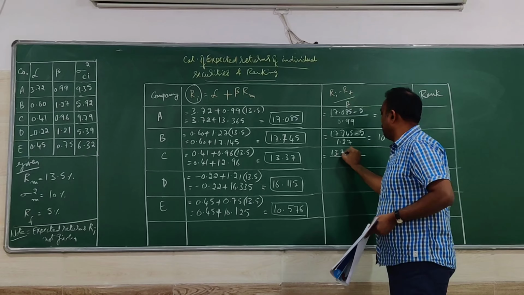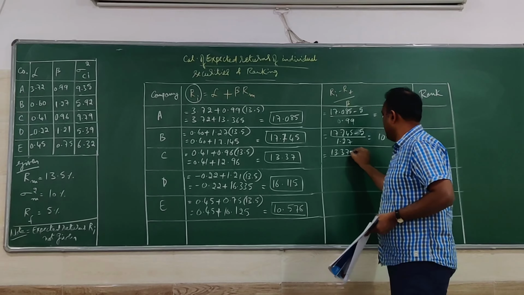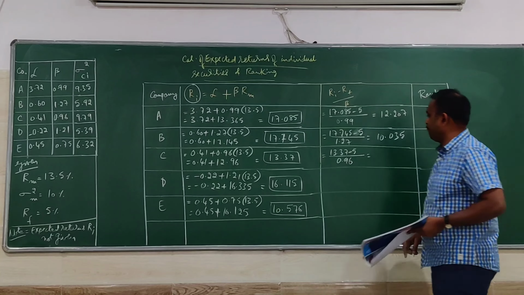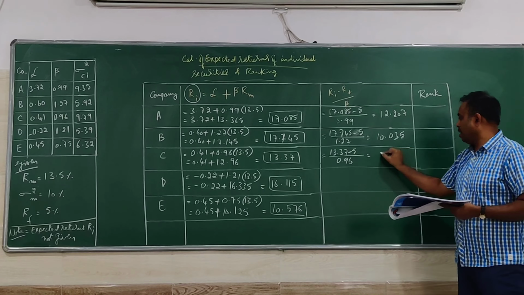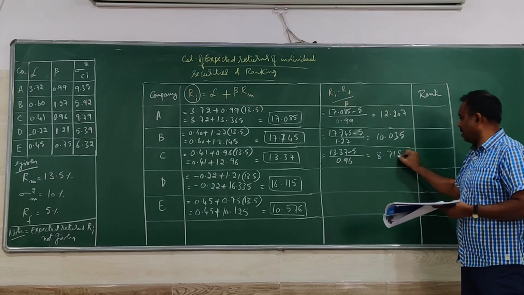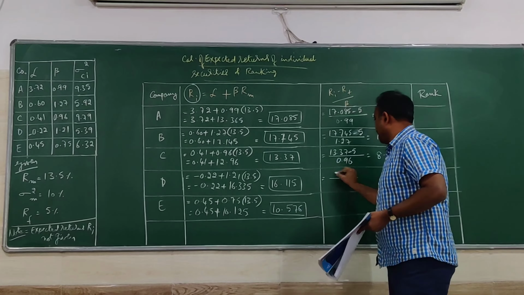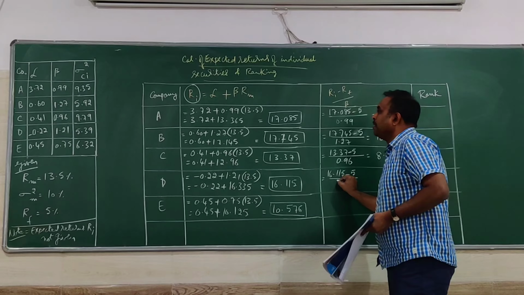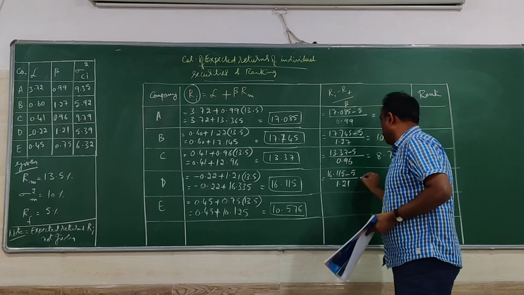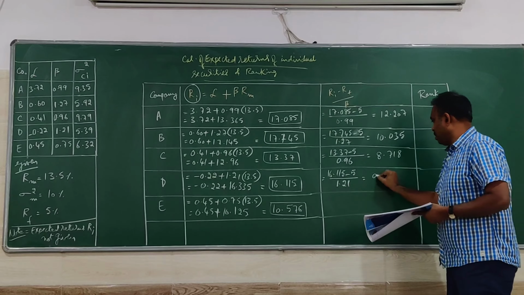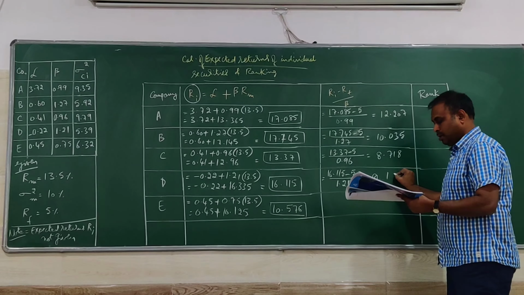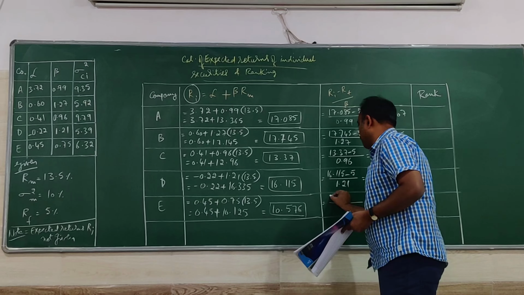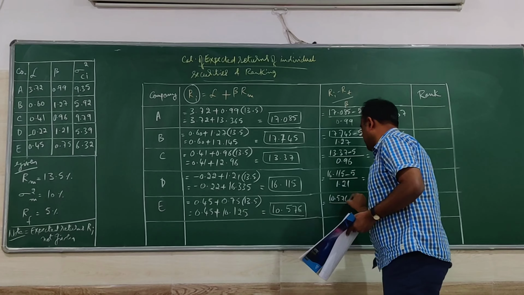Next one, 13.37 minus 5, beta value 0.96, gives 8.718. Next, 16.115 minus 5, beta value is 1.21, gives 9.186, and for the last one, 10.576.